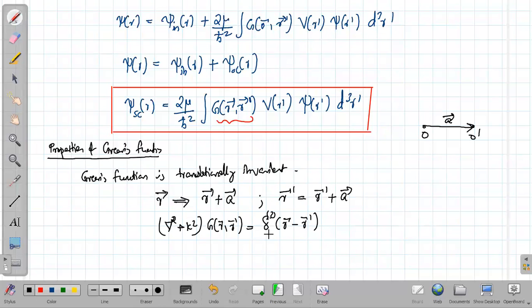Now it is very clear that the right hand side depends upon the separation between r and r prime. So if you add a constant vector to both r and r prime simultaneously, there will not be any change in r minus r prime. That means the Dirac delta function del cube r minus r prime is translationally invariant.